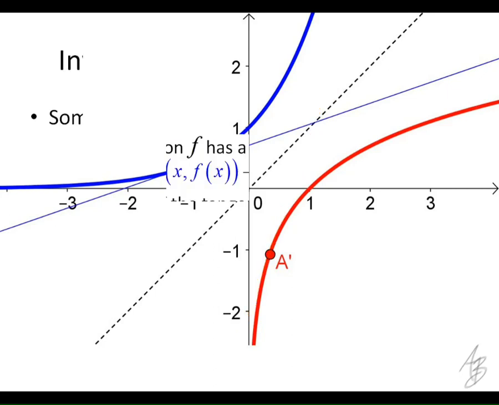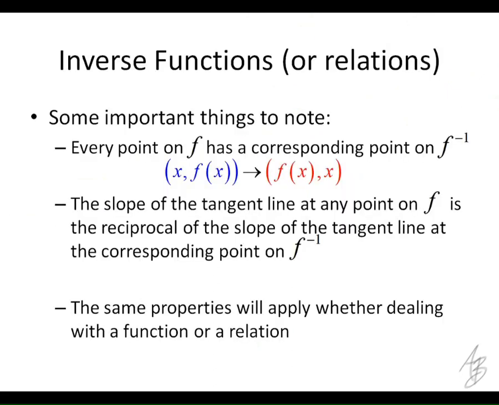Okay, so some important things to note. First of all, every point on the function has a corresponding point on the inverse. I'm talking about functions here, but the very last thing that I put on here, the same properties will apply whether we're dealing with a function or if we're dealing with a relation. Okay, so all of these are going to work if they're a function or a relation.